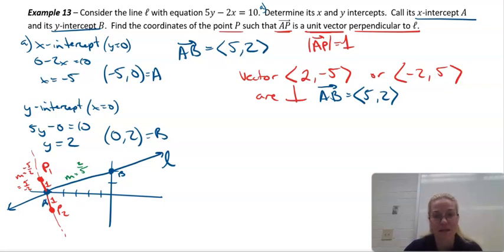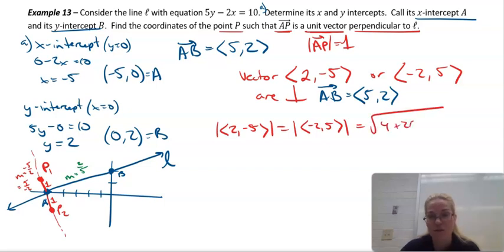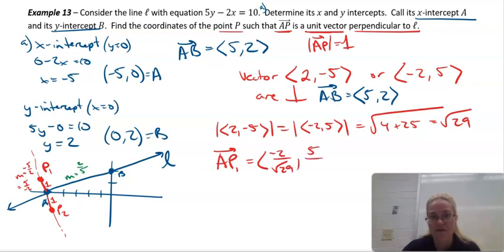Okay, so what is the magnitude of 2, -5? Or the magnitude of -2, 5? The magnitudes are going to be the same. Those vectors have magnitude 4 plus 25, which is the square root of 29. So for a unit vector, I need AP1, say. AP1 would be, well, my x would be going backwards, so -2 over the square root of 29, 5 over the square root of 29.